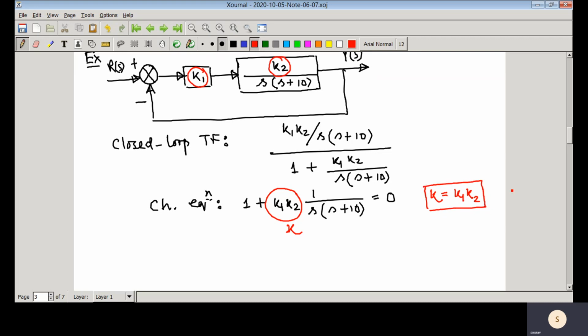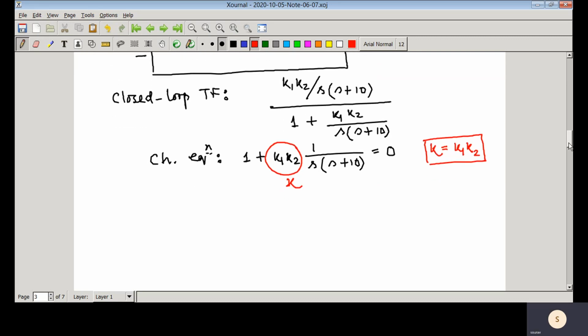So you can see that this particular problem is cast in standard root locus framework. Here we have two open loop poles, one is 0, another one is minus 10.